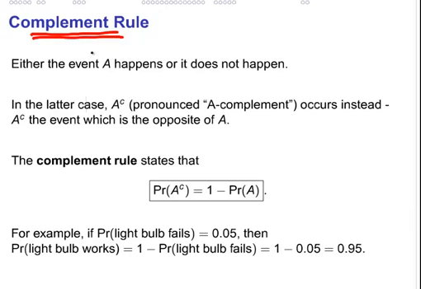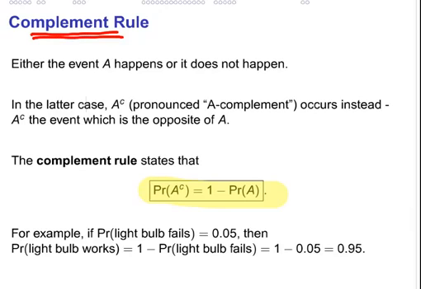So the complement of A is the event which is the opposite of A. If you're rolling a die, for example, you can either get an even number or an odd number. The complement rule says that the probability of the complement of A is 1 minus the probability of A. Nice, simple, straightforward idea.